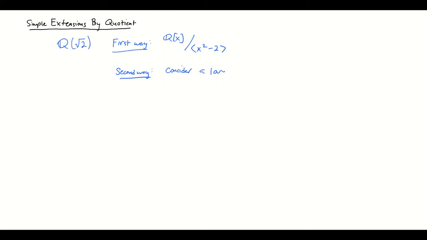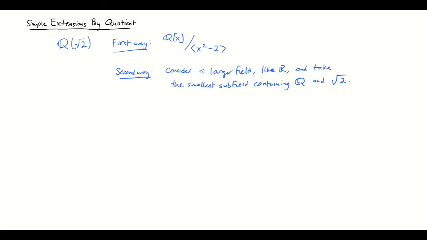I'll just say consider a larger field, and the one that we'll use is R. And take the smallest subfield containing the rationals, which actually any subfield of the reals will contain because the rationals are the prime field. You can't have a field here without having all of the rationals. And the square root of 2. So take the smallest subfield containing the rationals and the square root of 2.